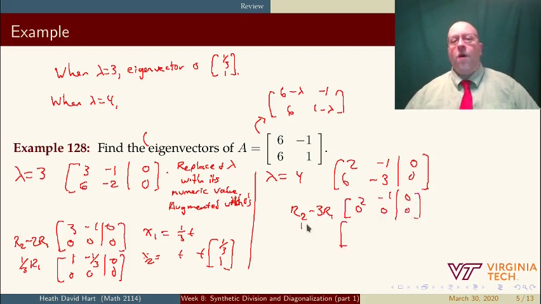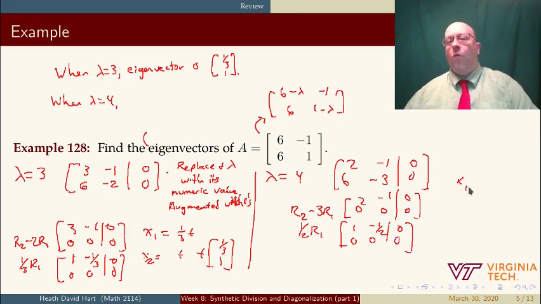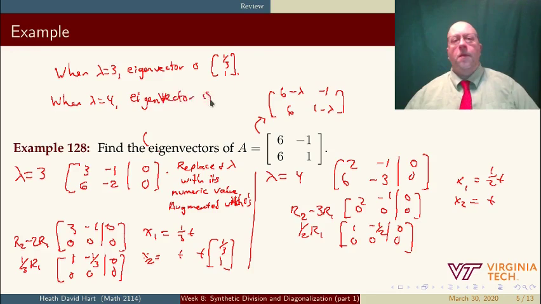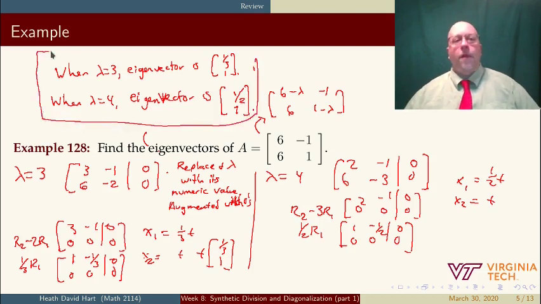And then divide row 1 by 2. This is almost what we did over here, except that we have a 1/2 instead of a 1/3. x1 is equal to 1/2 t, x2 is equal to t, and so that gives us the vector 1/2, 1. And so that's how we found the eigenvectors for A.